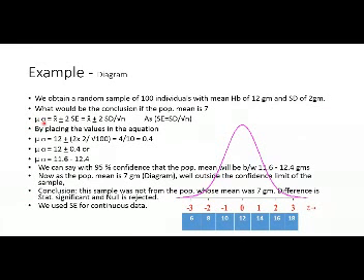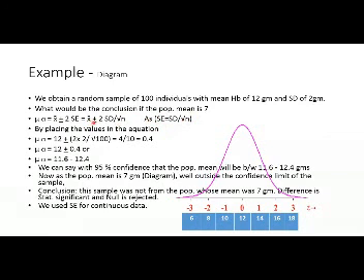Now we know that the mean of a population for that confidence interval is whatever the confidence interval is. In this case, the confidence interval is 95%. The mean of the population is equal to the mean of the sample plus minus 2 standard errors, and we know that standard error is equal to standard deviation by square root of sample size.